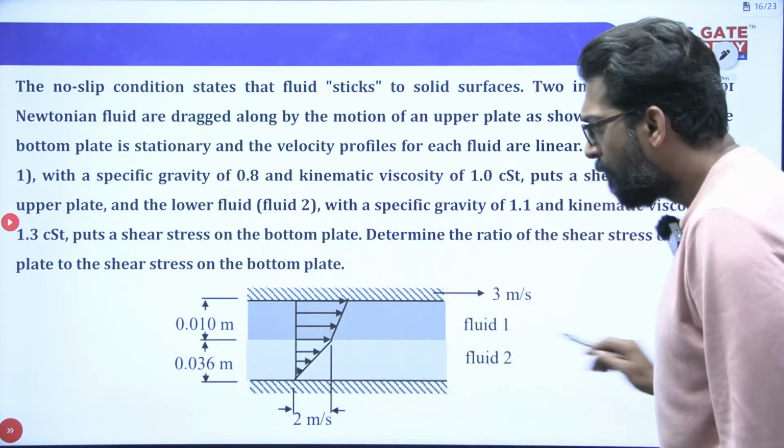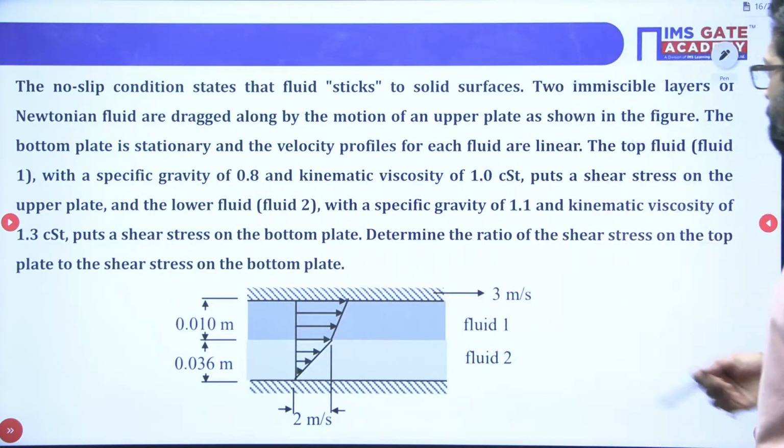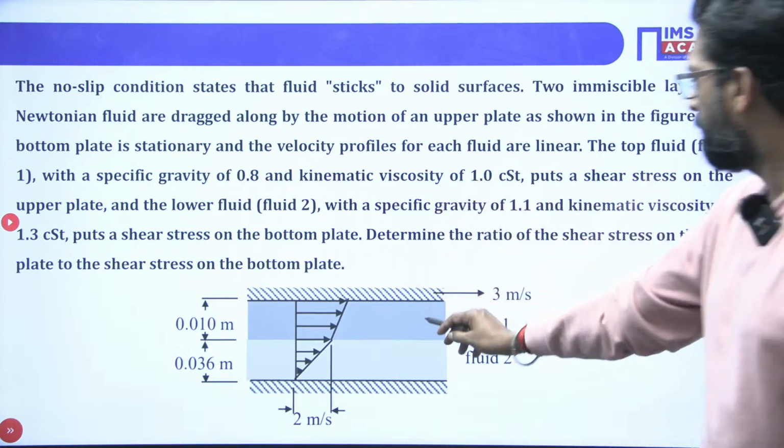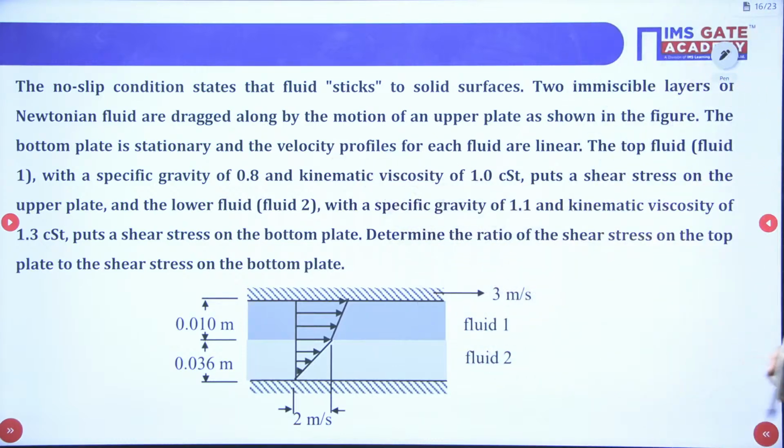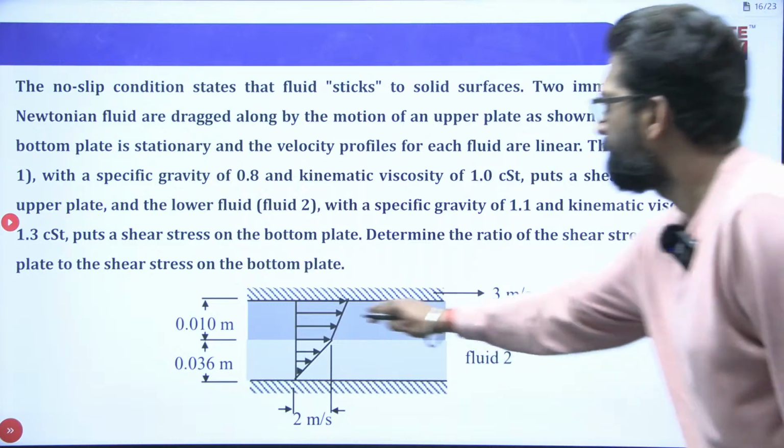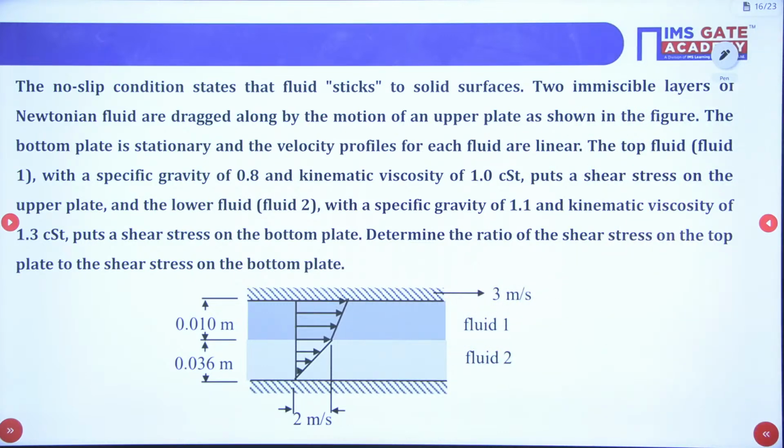That means the fluid is flowing due to the displacement of a boundary. The top fluid 1 has a specific gravity 0.8 and kinematic viscosity 1 centistoke, and puts a shear stress on the upper plate, and the lower fluid 2, with specific gravity 1.1 and kinematic viscosity 1.3 centistoke, puts a shear stress on the bottom plate. Determine the ratio.